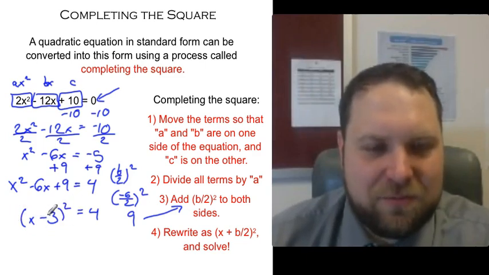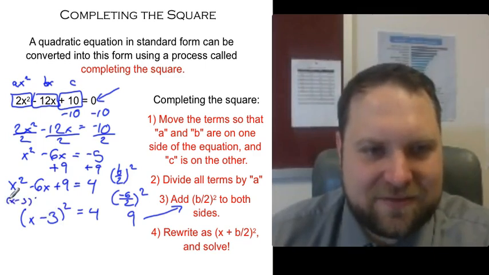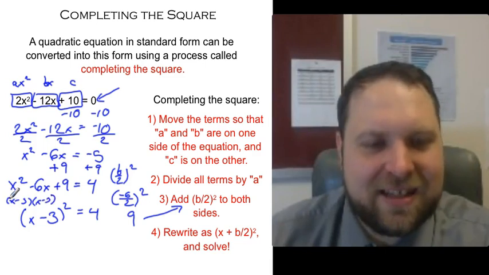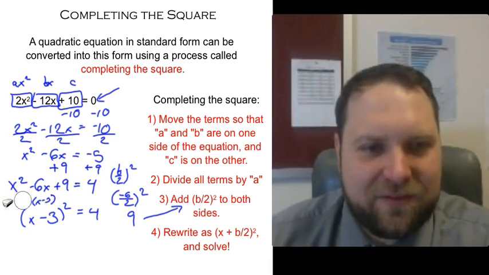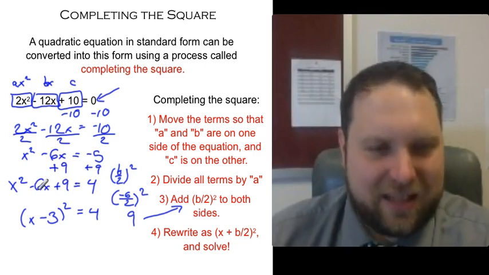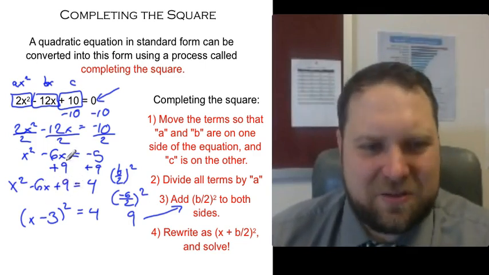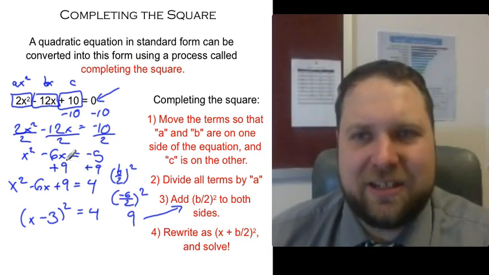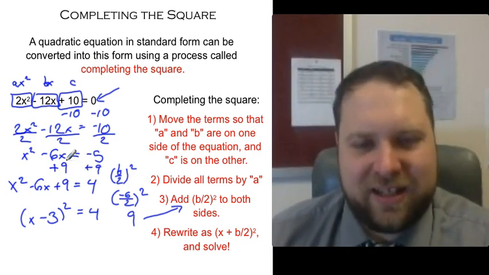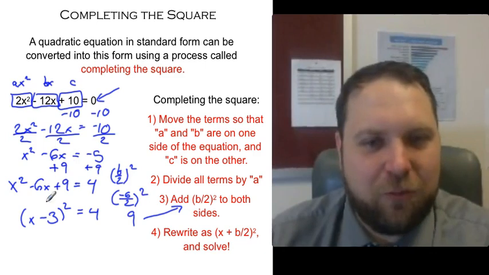And in fact, if you multiply out x minus 3 squared means x minus 3 times x minus 3, if you multiply that out, you'll find that it is equal to x squared minus 6x plus 9. So I've just taken this equation, think of it as a big old pile of Play-Doh, and I've just reworked it until it looks like something that I want.